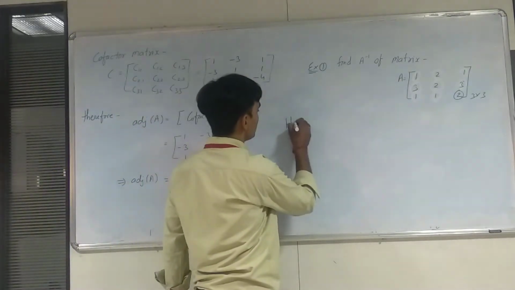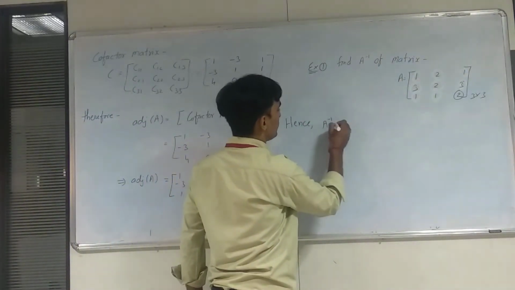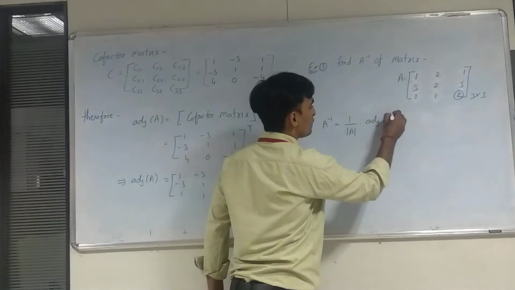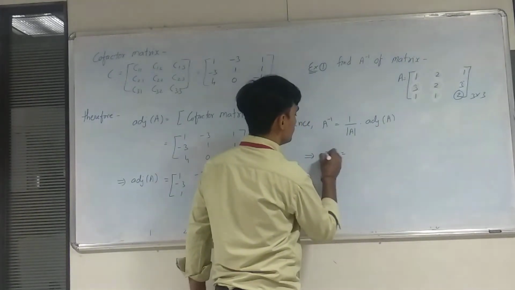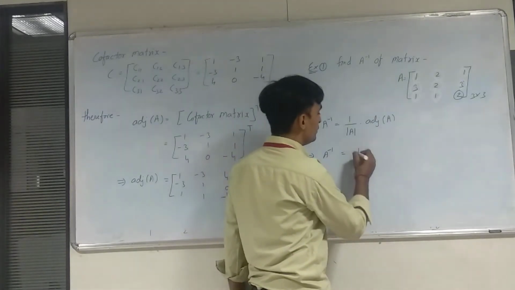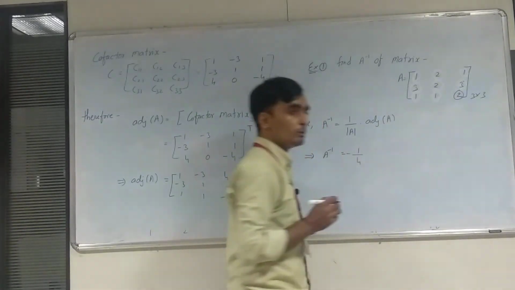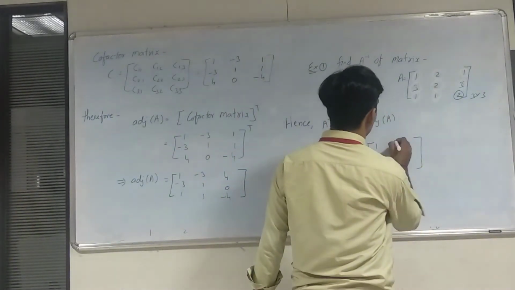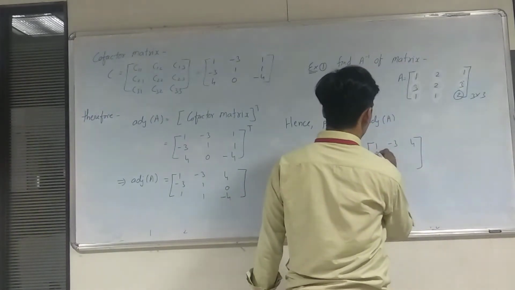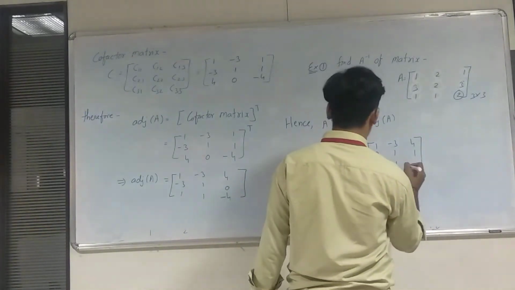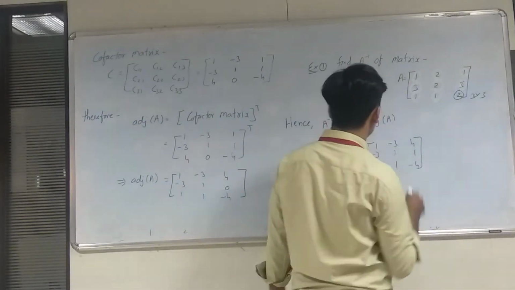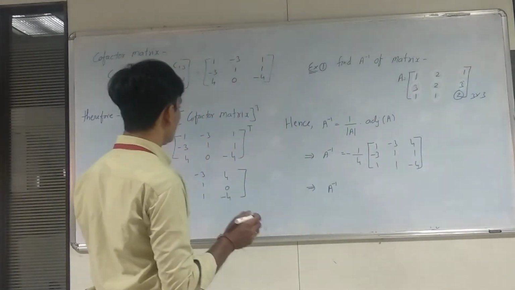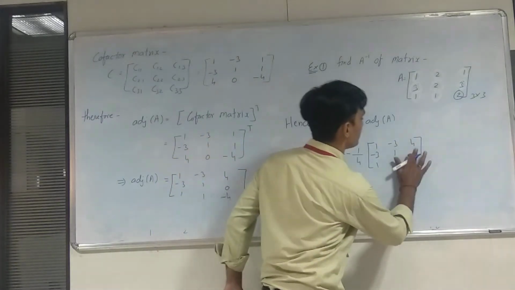Hence, A inverse equal to 1 upon determinant of A into adjoint of A. Put in the values. So at the very start, what we can find? Determinant of A equal to minus 4 and this one, 1 minus 3 4, minus 3 1 1, 1 1 minus 4. This way you can get, here it is 0, sorry.